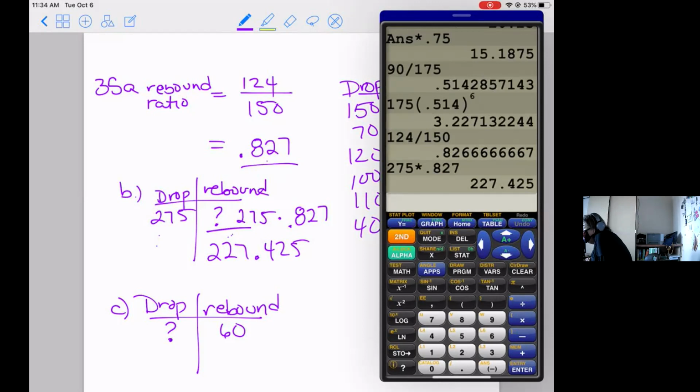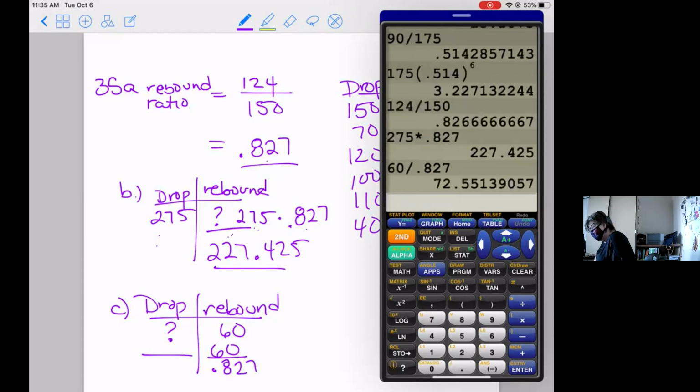Can you take a guess? So if I multiply to get the rebound, what would I do to get the drop? You divide. So we're going to take 60 divided by 0.827. And that gives me 72.551. All right.